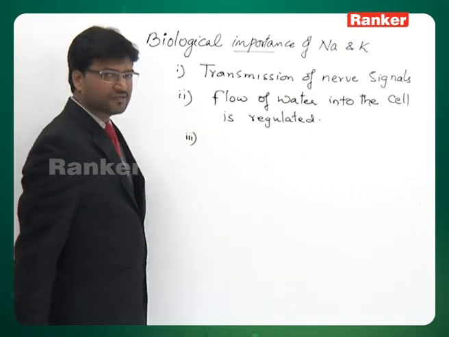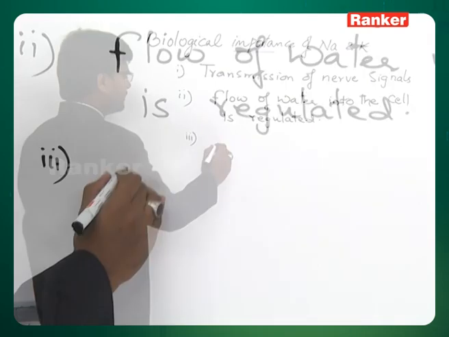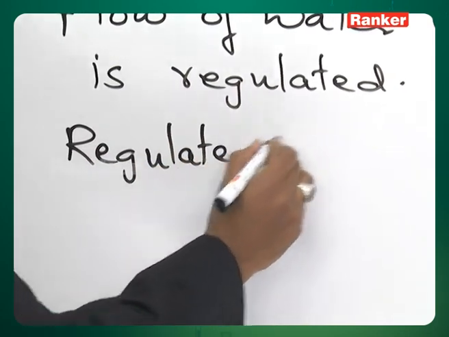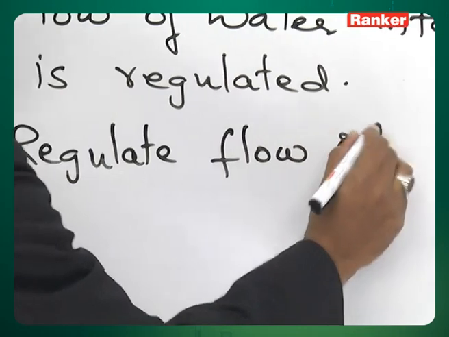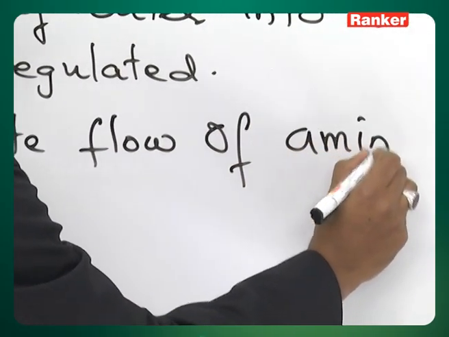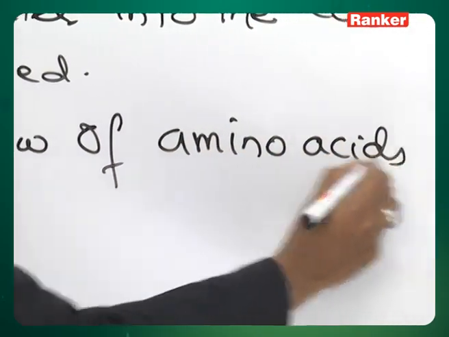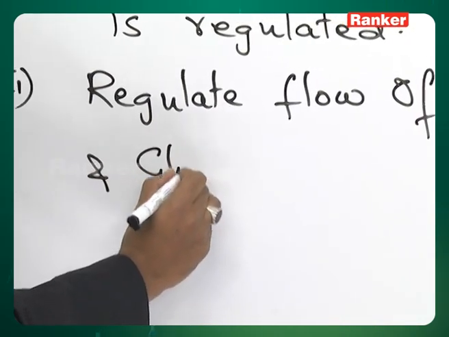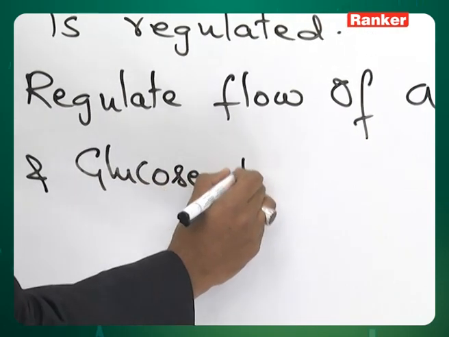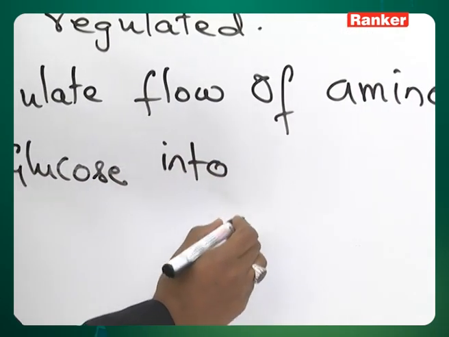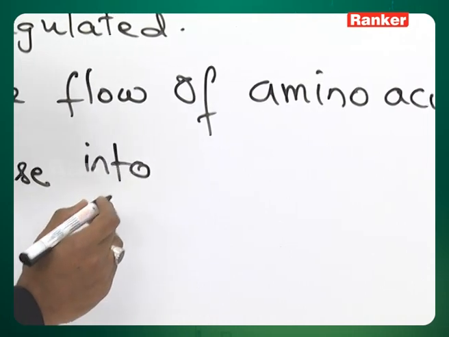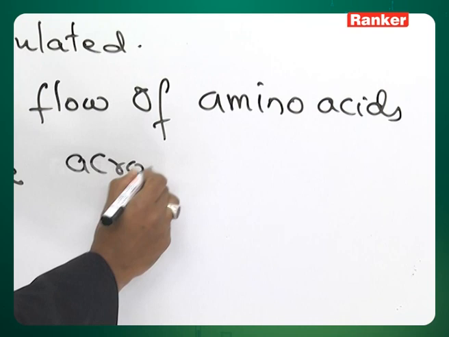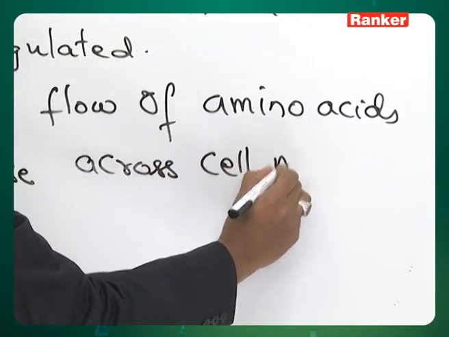Another important function of sodium and potassium ions is they regulate flow of amino acids and glucose across the cell membrane.